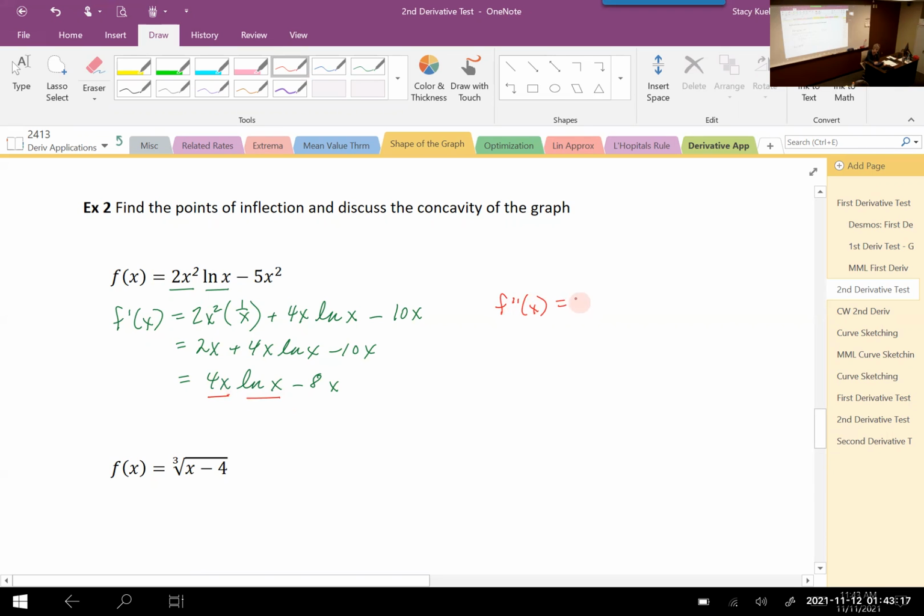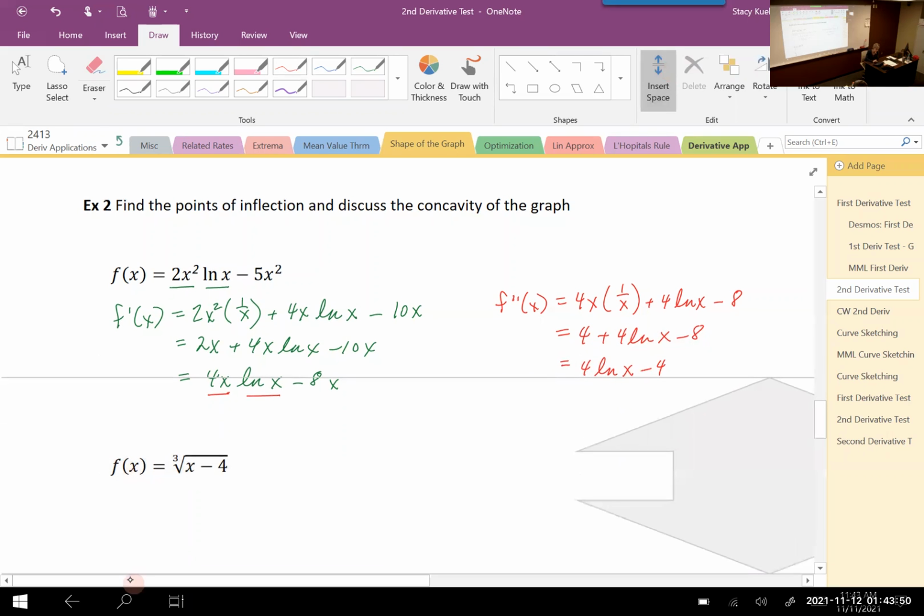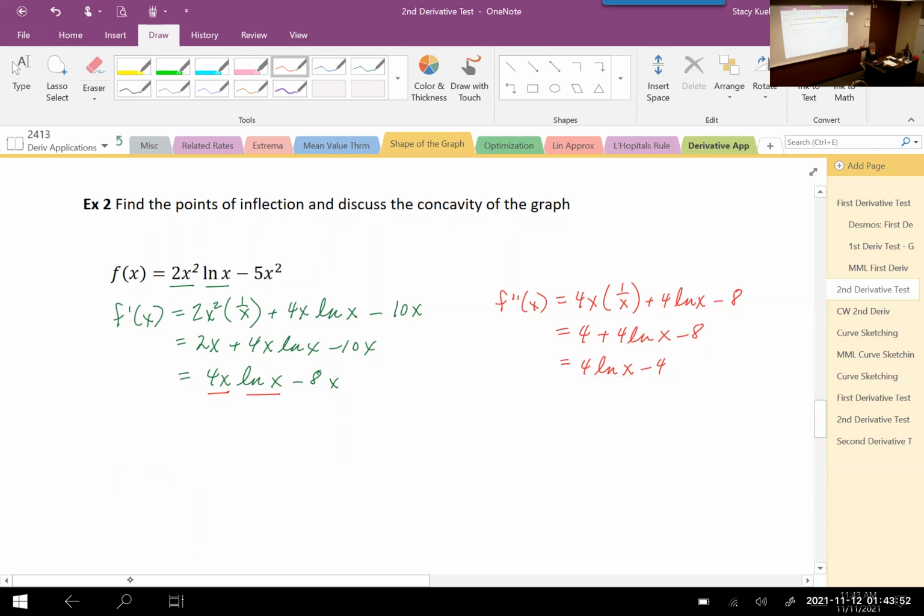So it's the first times the derivative of the second plus the derivative of the first times the second, minus 8, or 4 plus 4 natural log x minus 8, 4 natural log x minus 4. Product rule for that function.